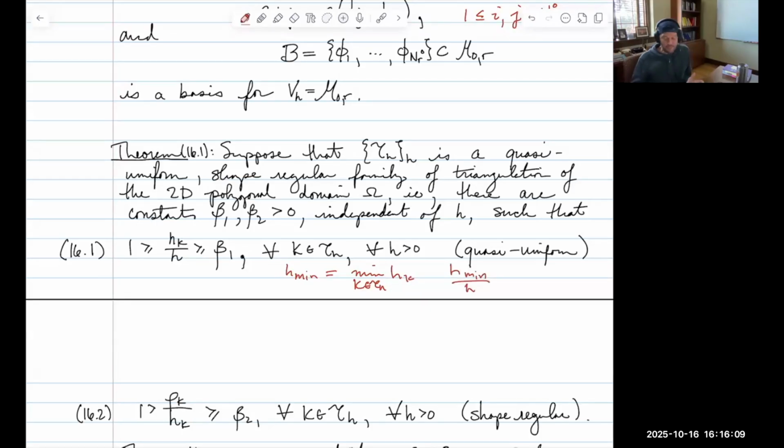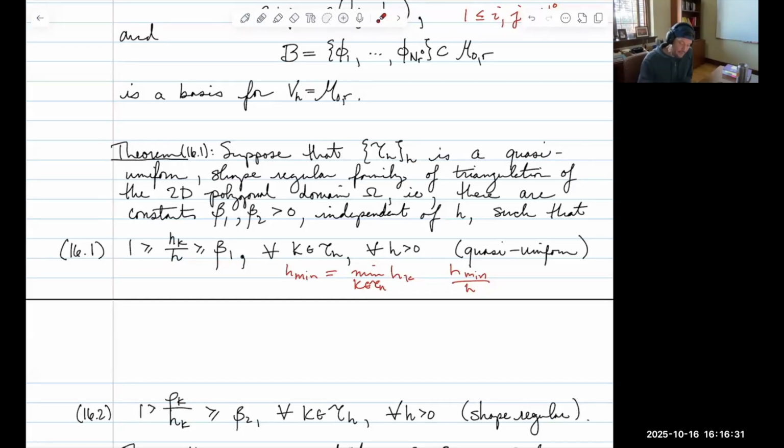Of course, h is h max, really. And this is saying that my largest and the smallest triangles in the mesh are not too far off. The ratio is some number which is less than 1, but always bounded away from 0.